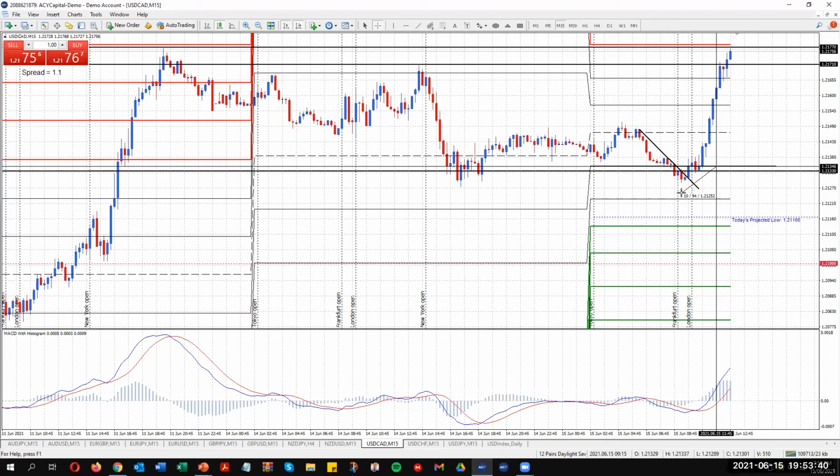So if I'm risking 10, I only have to target 20 up here. 20 is only to this pivot point just there. So we can quite clearly see that that gets met very easily.